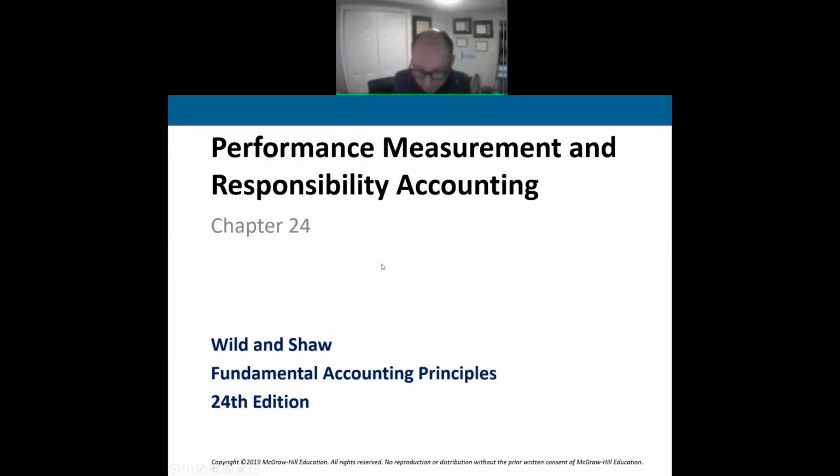This whole chapter, this whole discussion that we're about to have, is really about helping us as managers to focus in on accounting data to help us make decisions.